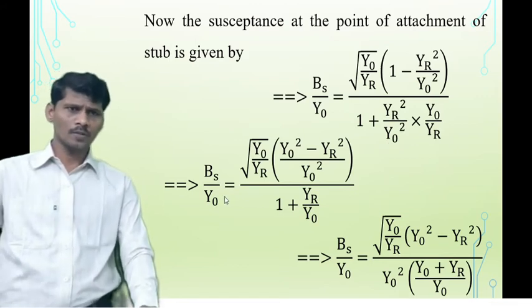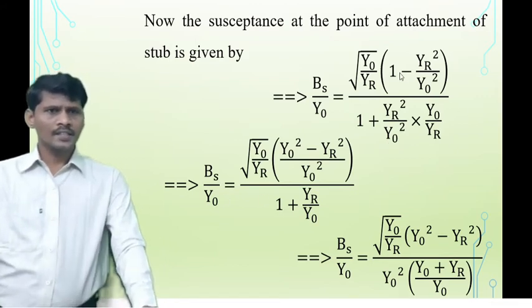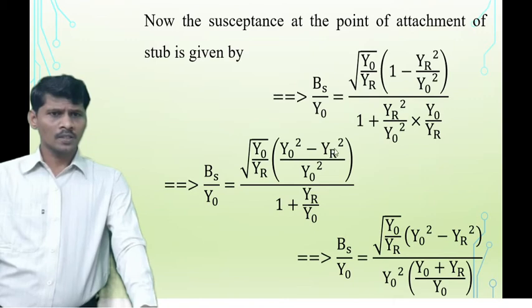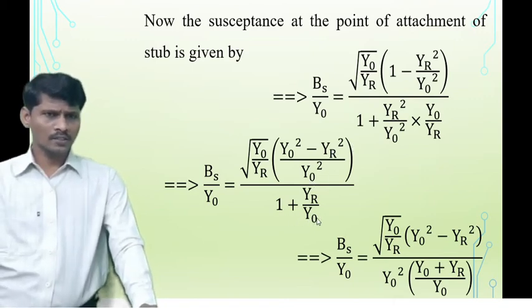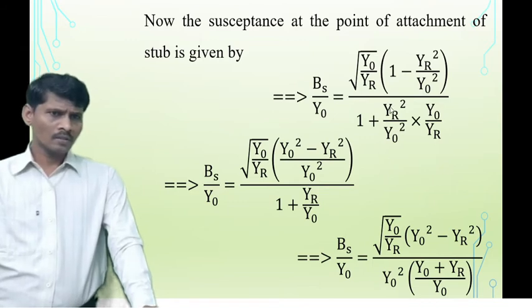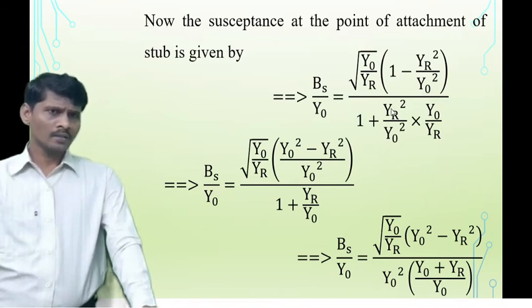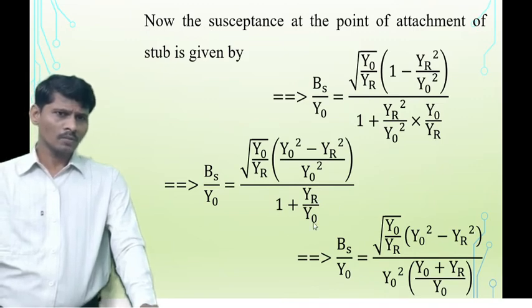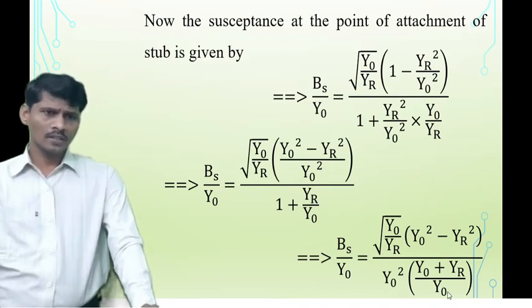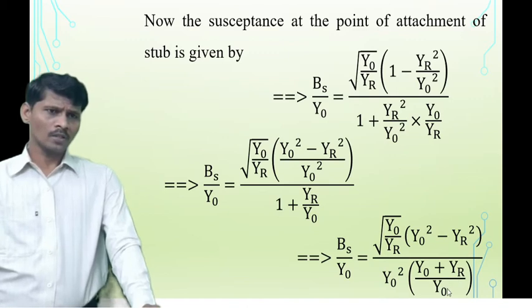So that is equal. Here take the LCM, y naught square minus yr square by y naught square. At the same time, in the denominator take the LCM. Okay. Here in the denominator factor yr is cancelled, y naught is cancelled, and the remaining term is yr by y naught. And take the LCM in the denominator, y naught plus yr by y naught.